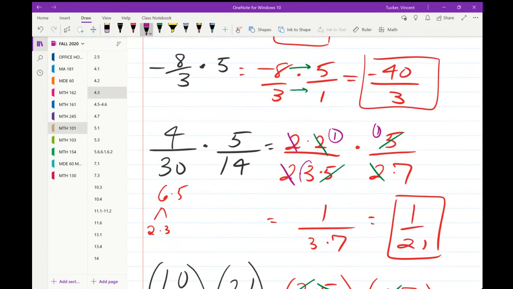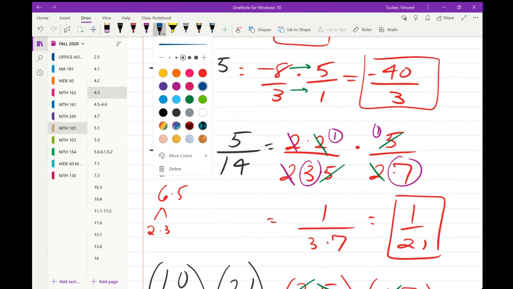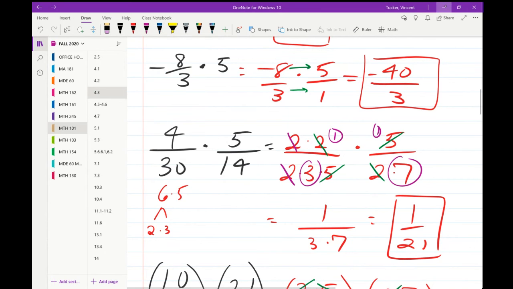Denominator, we have 3 and 7. Oh, that's just 1 over 3 times 7, which is 21.